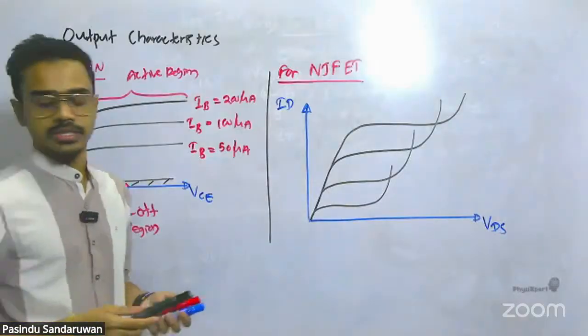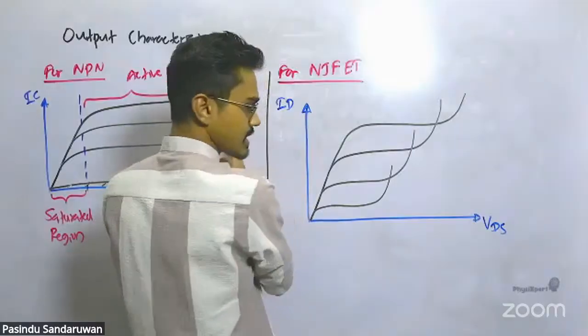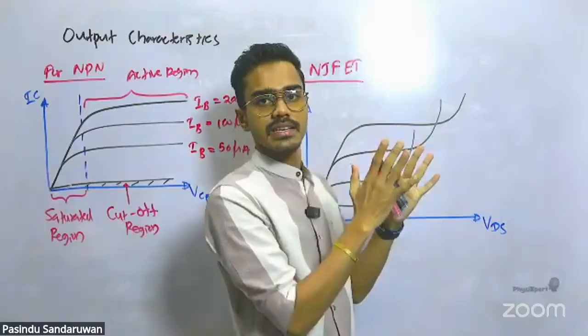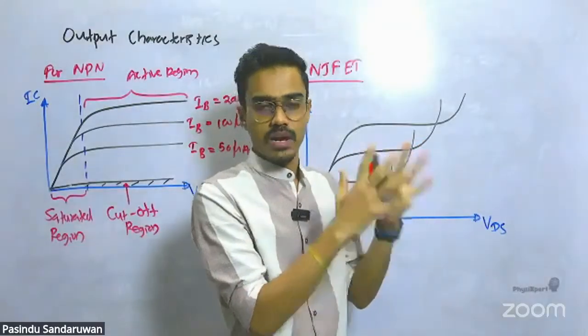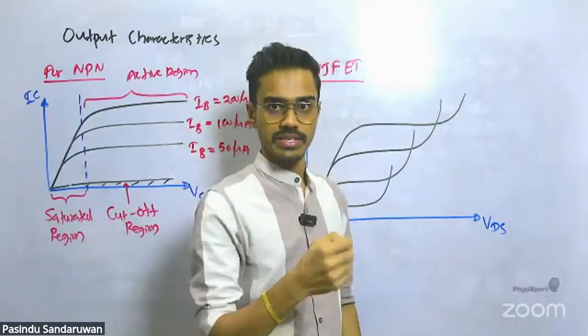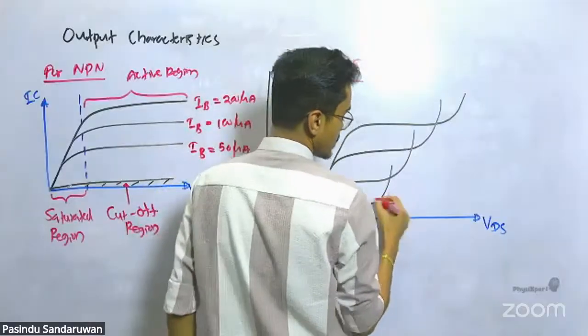As IB is kept constant in a bipolar, in this one VGS is kept constant, because our controller is VGS. This is voltage control. These are four different lines.